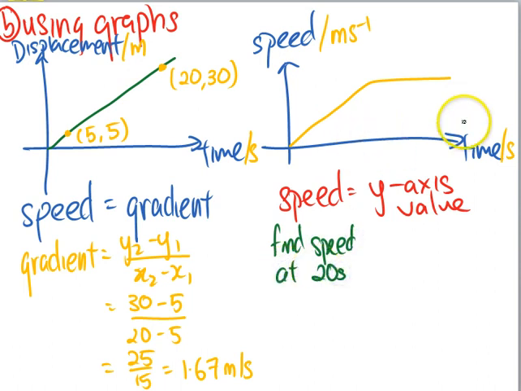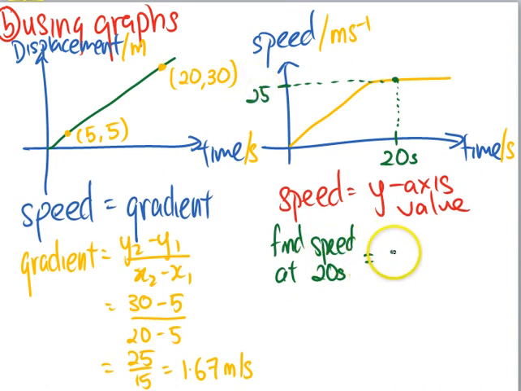I'll just find where the 20 second mark is on the x-axis. 20 seconds is here. So at 20 seconds, the y-axis value maybe is 25. So the speed at 20 seconds equals 25 meters per second. We just look at the y value here. So to find speed in your speed time graph, it is just equivalent to the y value.